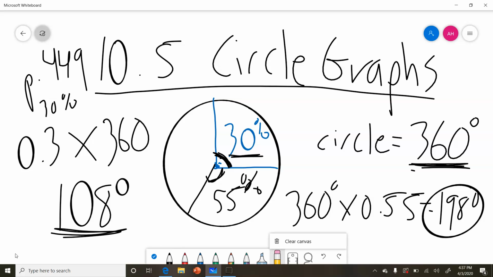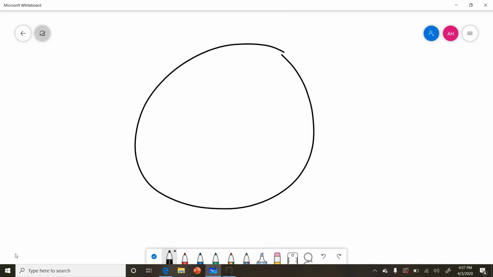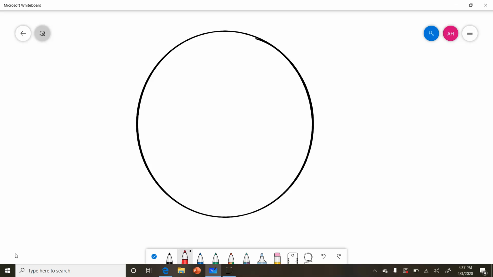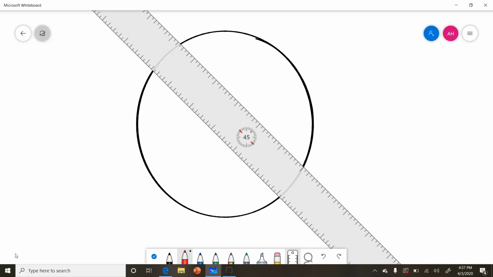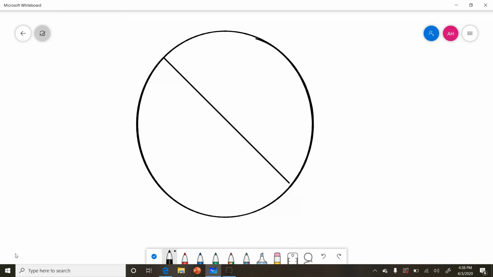Okay? Now, just looking at pie charts in general here, circle graphs, sorry, I call them pie charts, but it's a very similar thing. Okay, so there's a nice big one right there. So let's say that we have a line. Draw my ruler here. Let's say that it has different segments coming off here.